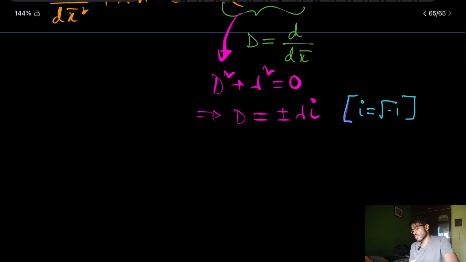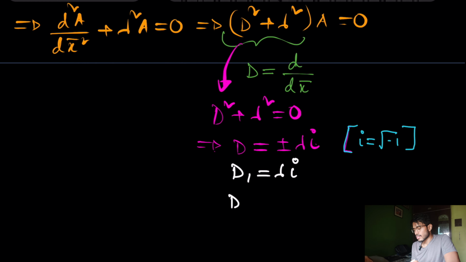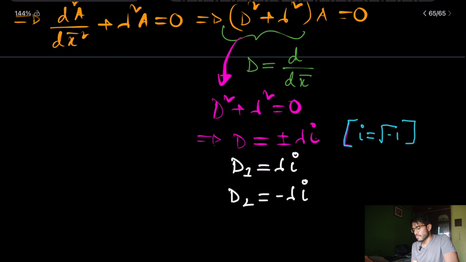So here I will do the whole mathematical steps so that even if you forget the ultimate result, you should be able to derive it from scratch. There are two roots, D1 and D2. D1 is equal to λi, D2 is equal to minus λi.